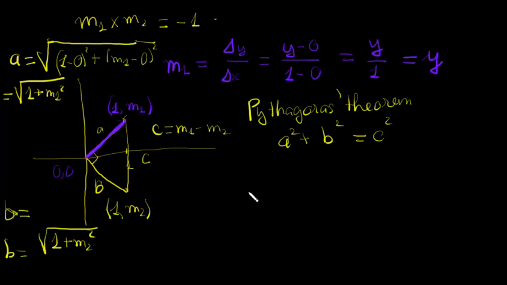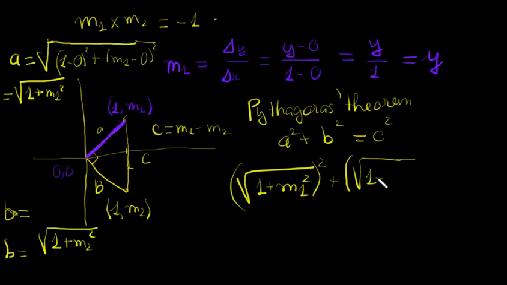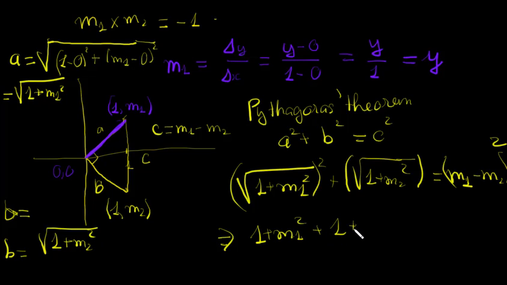Putting this in here, a squared would be 1 plus m1 squared, plus b squared, 1 plus m2 squared, equals (m1 minus m2) squared. So 1 plus m1 squared plus 1 plus m2 squared equals m1 squared minus 2 m1 m2 plus m2 squared.